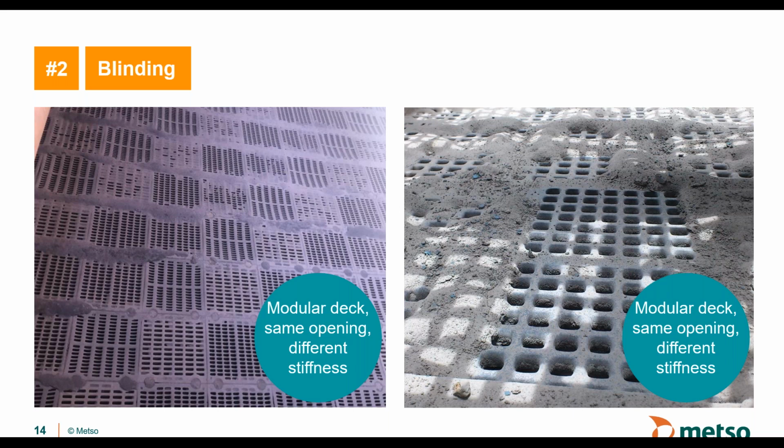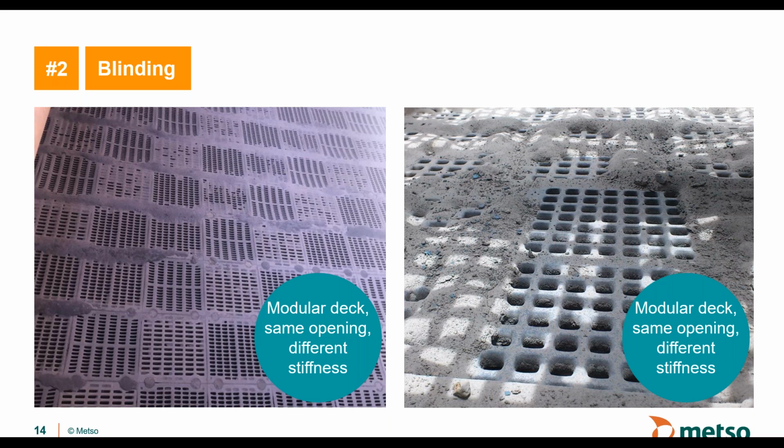Well, that sounds fantastic to everyone, but are there any drawbacks with this? Yes, the more flexibility you have in a screen module, the shorter the wear life can be, and the ability to handle high material bed depths is less, and therefore the membranes may deflect during operation, and that could of course be a drawback.